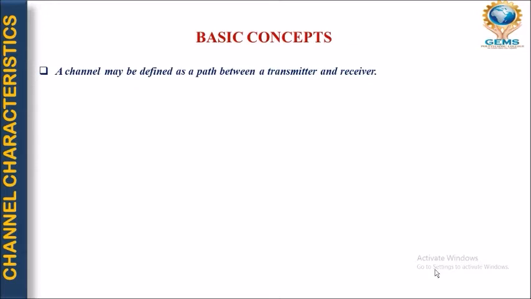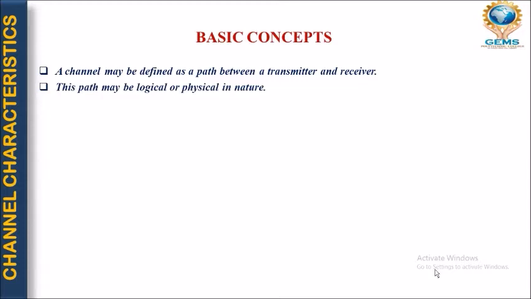A channel is defined as a path between transmitter and receiver. It is well known that there should be a path through which the information can pass from transmitter to receiver. This path, the channel, may be physical or logical in nature.